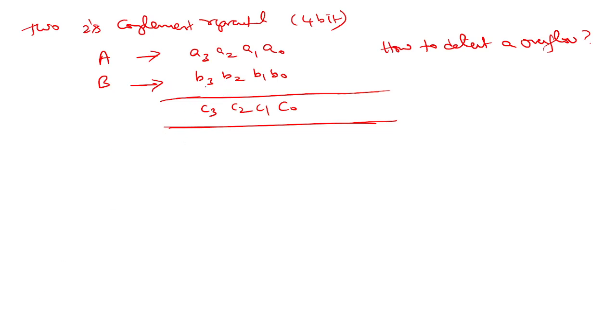I'm not here to confuse. Let's say C in, that is the input carry. This is the output carry. So the result is going to be C3, C2, C1, C0. How to detect the overflow? I gave you all the numbers: A3, A2, A1, A0, B3, B2, B1, B0, C in, C out, C3, C2, C1, C0.